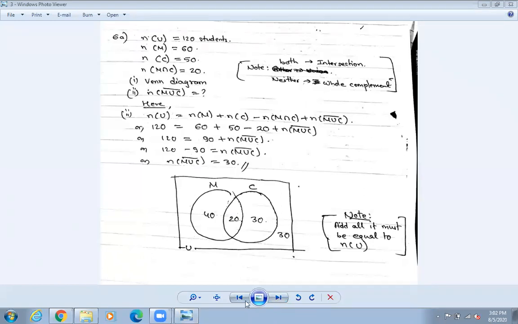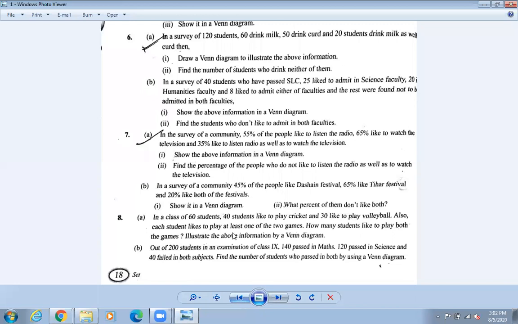We have done question number 6 just now, so look at question number 7, page number 18. In question number 7a, it is written: in a survey of a community, 55% of people like to listen to radio.